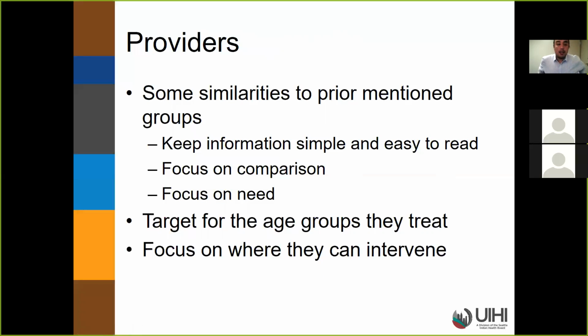The last group that I try to think of is providers. Of the three categories, this is probably the one that I provide information for least, but I always think that it's really interesting to take into consideration, because there are some unique factors associated with this group in general.